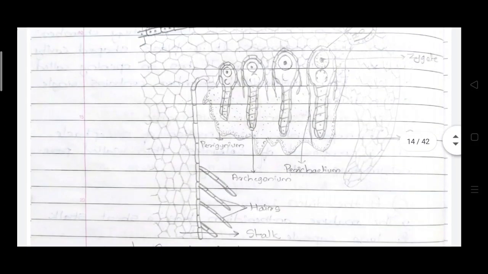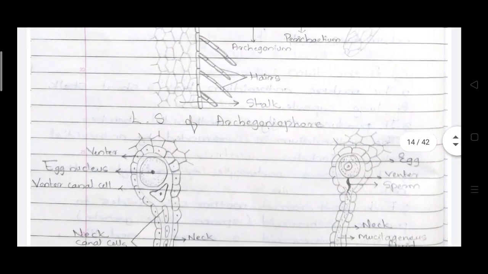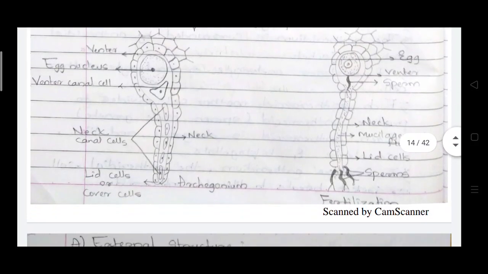At the bottom there are some rays present. Then this Archegonia is covered by the Perichaetium and Perigynium, and at the base there is the stalk, and some hairs are also present there.